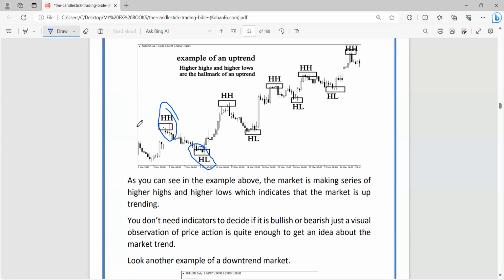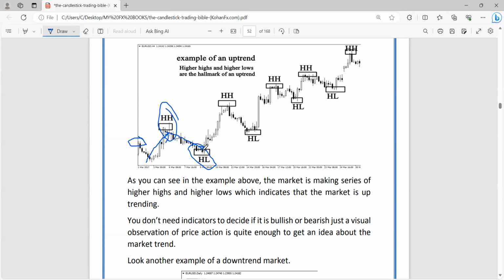Now, in case you are confused with what this means, what this simply means is when the market made an impulsive move upward, this is the highest point it reached before it retraced back down. So this is a higher high because it's compared to the previous high the market had made. So this is higher than that high. So that makes sense for it to be called a higher high.